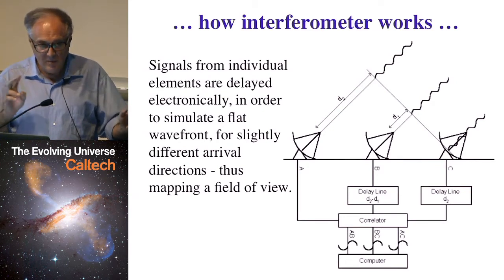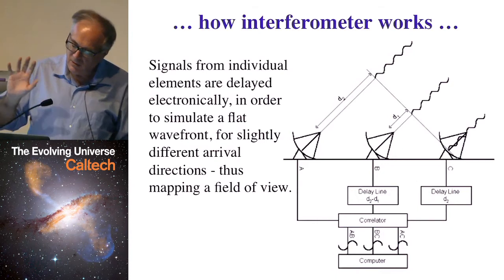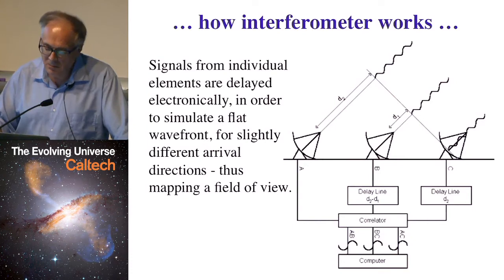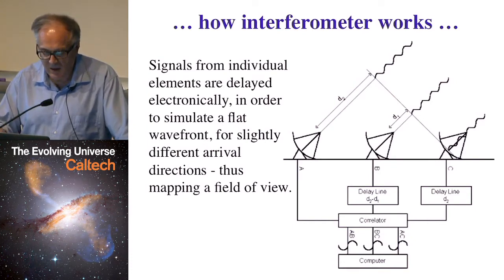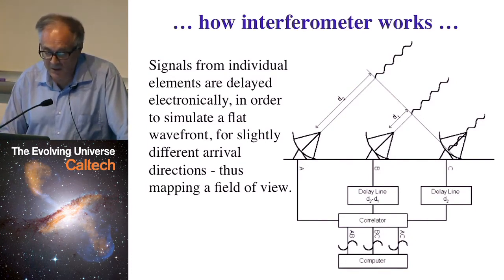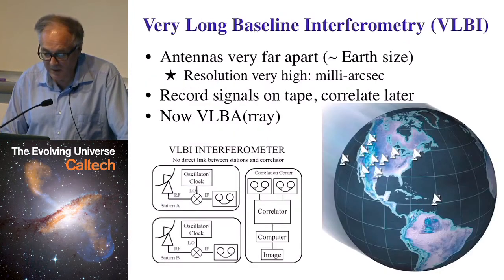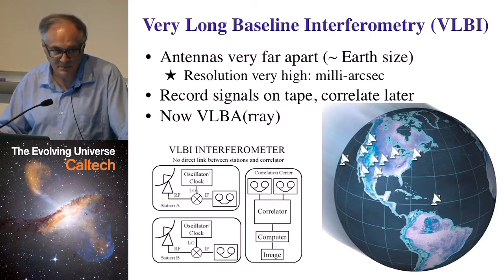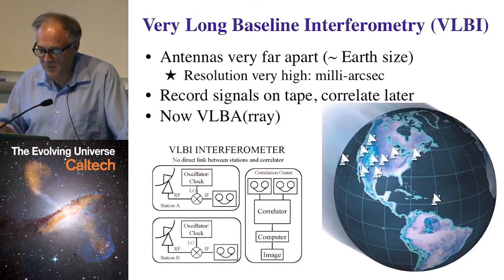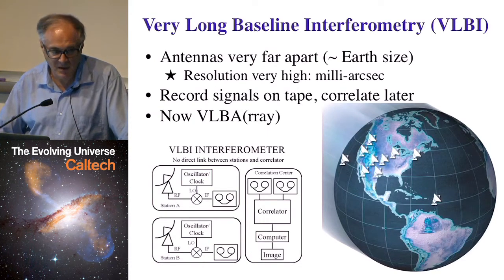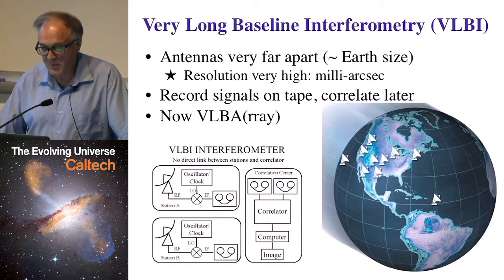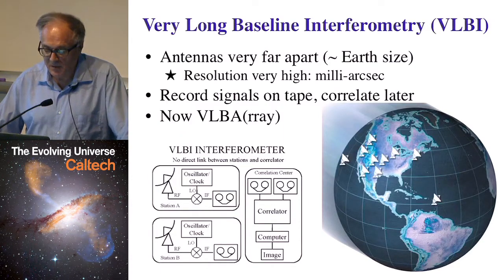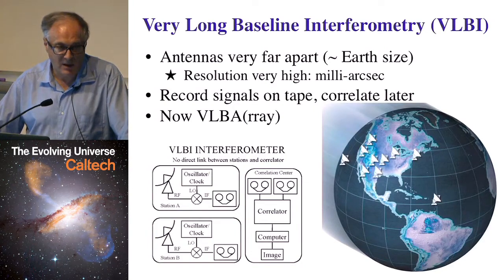Now you can move them around or let planet Earth turn your radio telescope around slowly so you can sample different baselines. Some processing is done, and a picture is reconstructed. The ultimate end of this game is using the whole planet Earth as your radio telescope, and that's called very long baseline interferometry, where they have antennae spaced by thousands and thousands of kilometers, and this is the most precise angular measurement we can do today. So much so that people are actually talking about resolving a black hole in the galactic center.